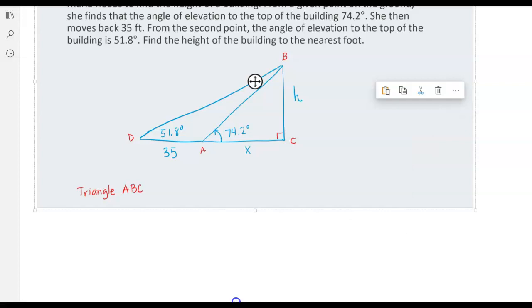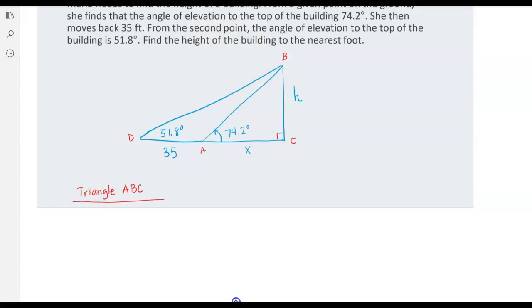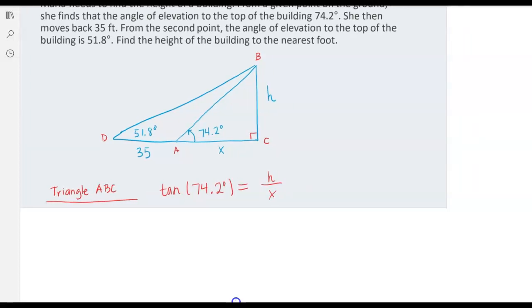we know that the tangent of 74.2 degrees is the opposite side, h, over the adjacent side, x. I'm going to solve this for h because that's what I'm trying to find.